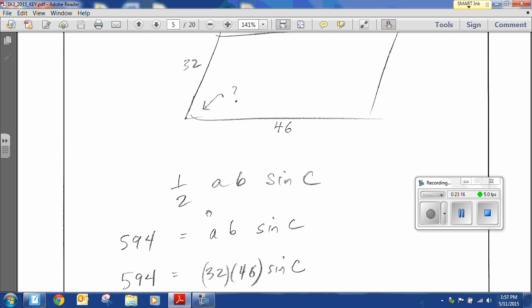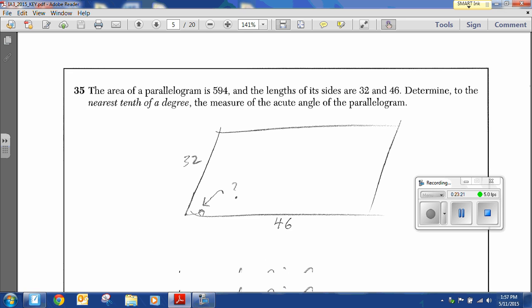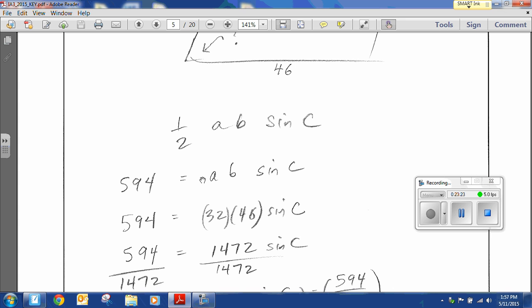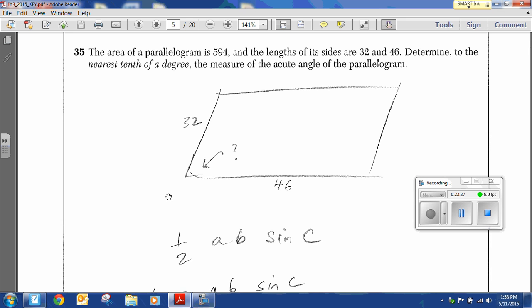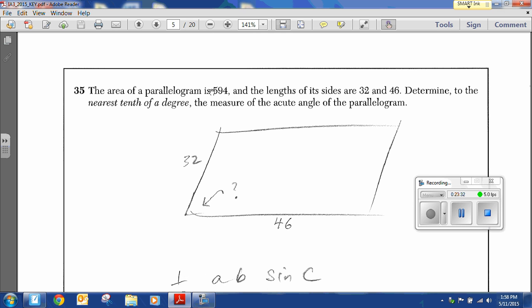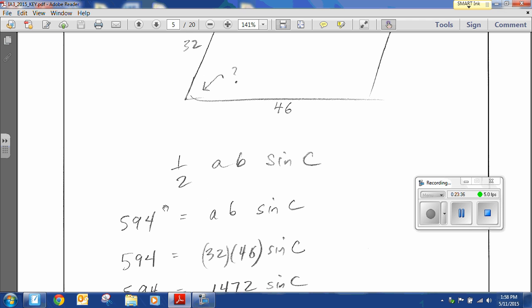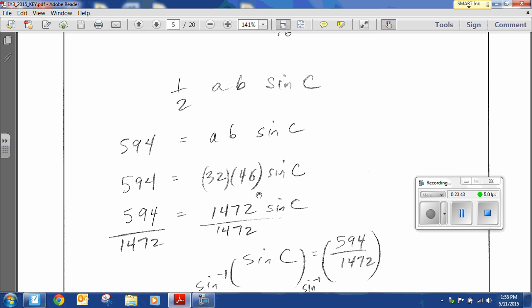We're going to use our triangle formula. 594 equals ab sine C. The reason why we got rid of the 1/2 is because we know that the full parallelogram is 594 area. So we multiply this part of the formula by 2, which cancels out the 1/2, which just gives us ab sine C. So we want to work backwards to find out what C is.